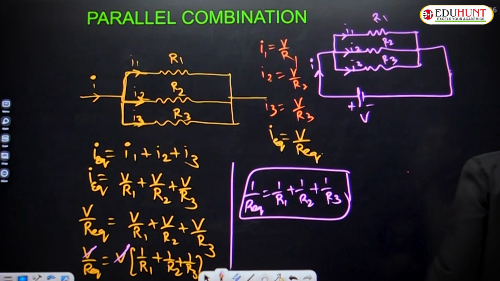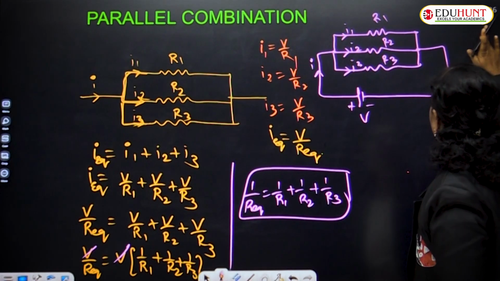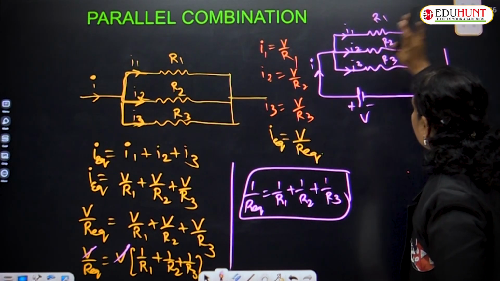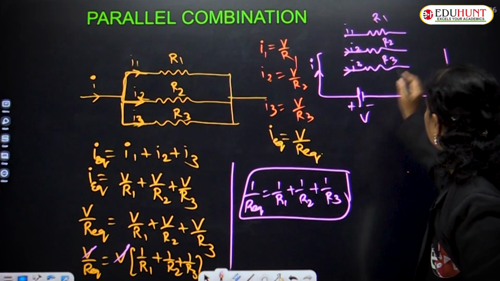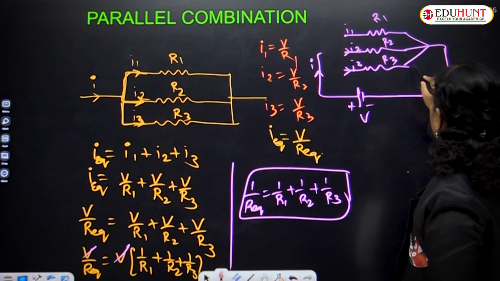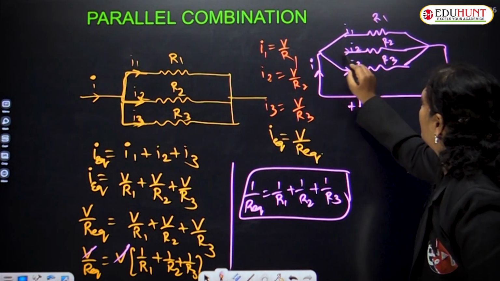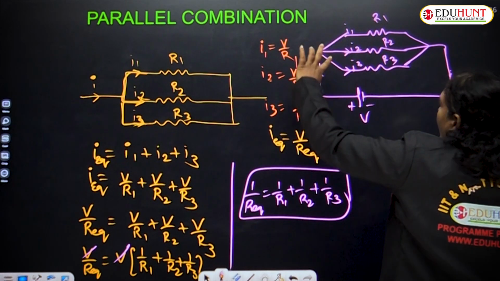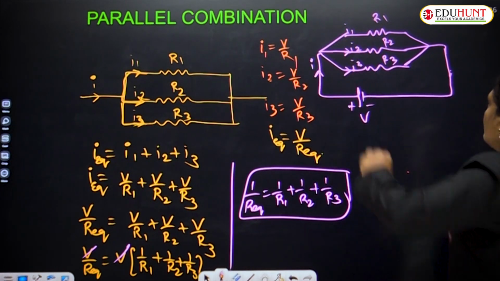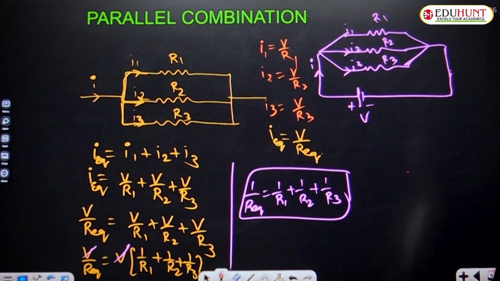The same picture can also be drawn like this. It makes no difference, children. Both diagrams are the same: the same potential difference and the current is divided. Only the shape of the wire is changing.